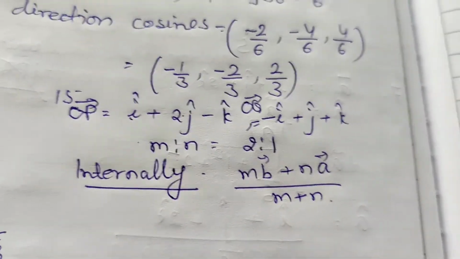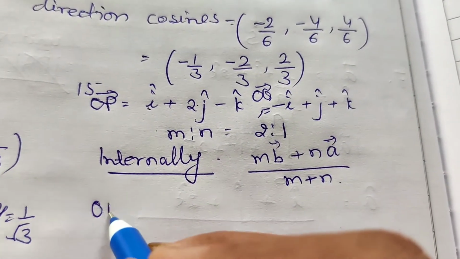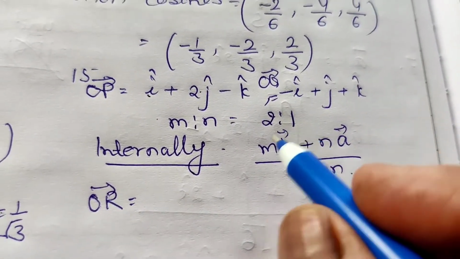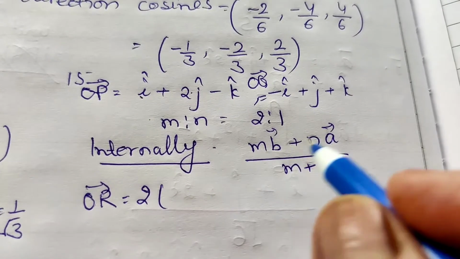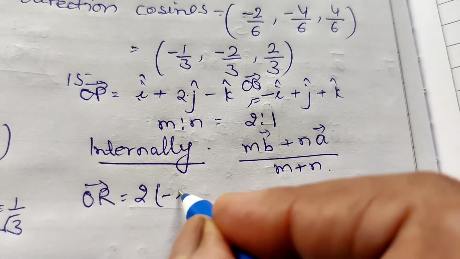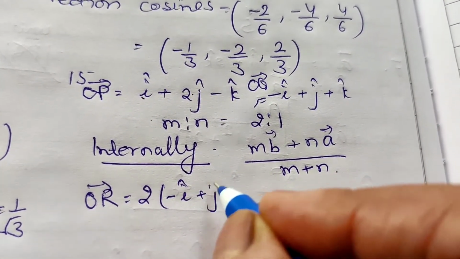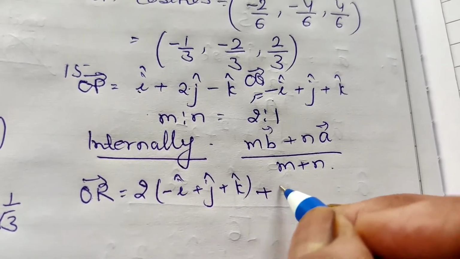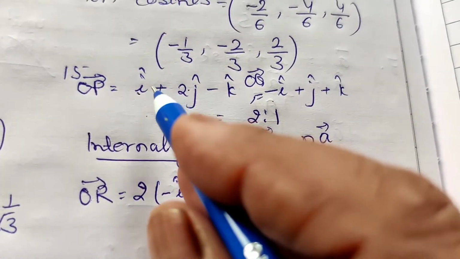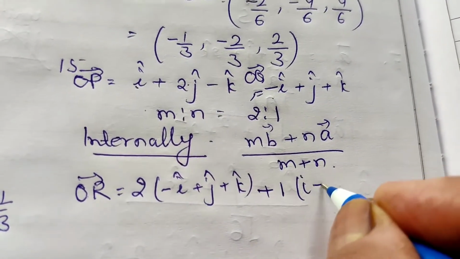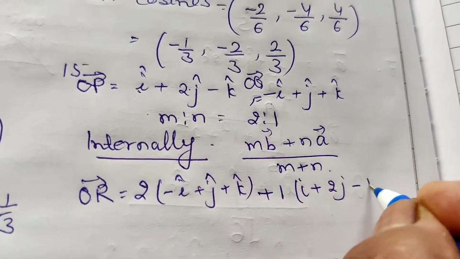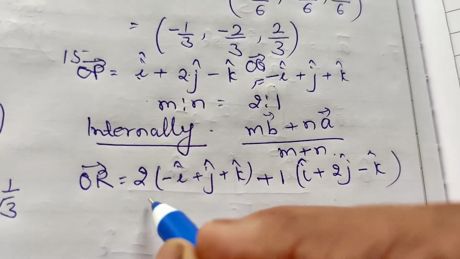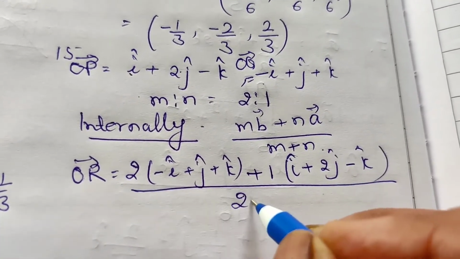Now for the OR vector, m is 2 and the b vector is minus i plus j plus k, plus n means 1, the ratio is 1, and the vector is i plus 2j minus k, divided by 2 plus 1.